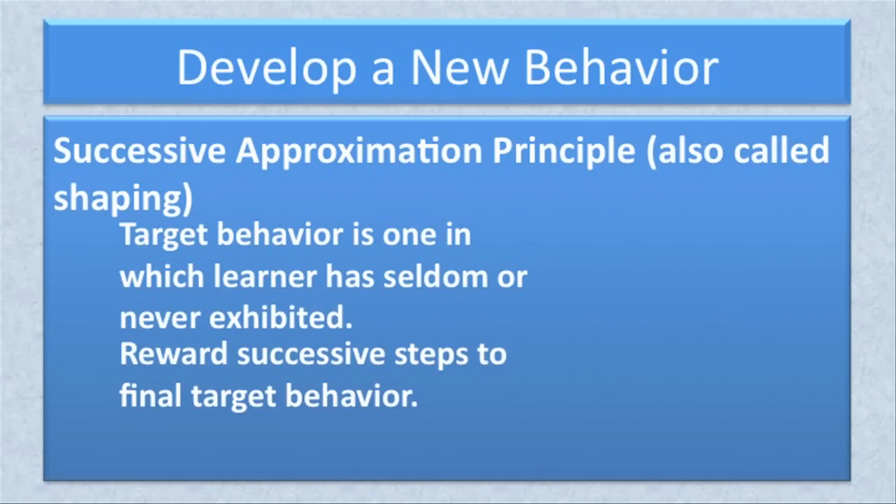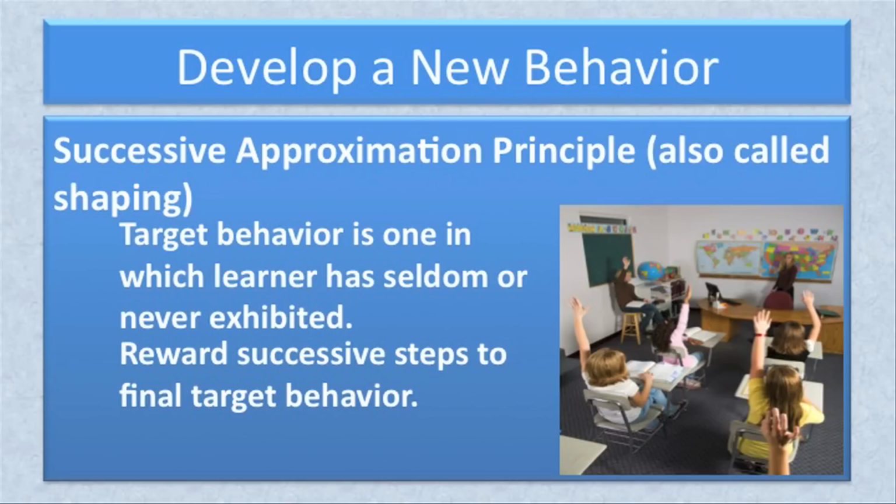The essential concept when using the successive approximation principle, or shaping principle, is to reward successive steps to the final target behavior. For example, suppose you would like a student to write a complete sentence with proper punctuation.